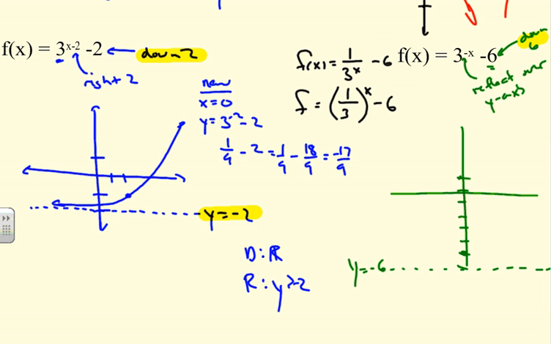And we are having a decreasing graph. It's reflected over the y-axis. And that's our new function. Domain, all reals. Range, well, we can see because, once again, the horizontal asymptote is where the shift is, our range is going to be y greater than negative 6.